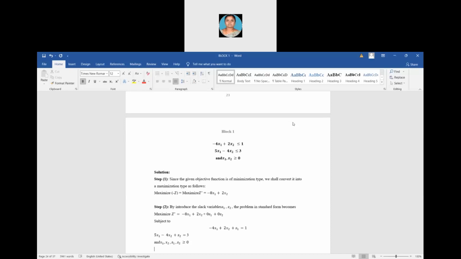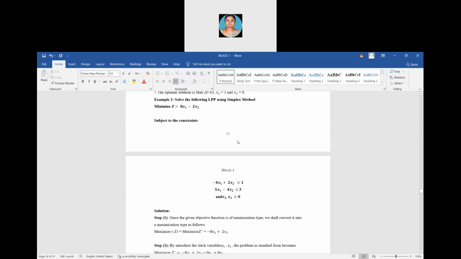First, initially, what is our step one? The objective function is of minimization type. We shall convert it into the maximization type. So all the minimization models have to be converted into maximization. That is, minimize z equals maximize z star.